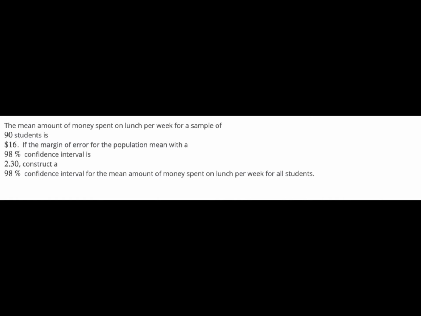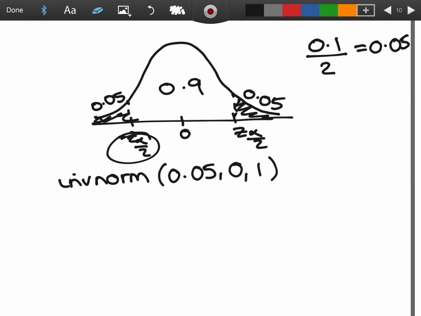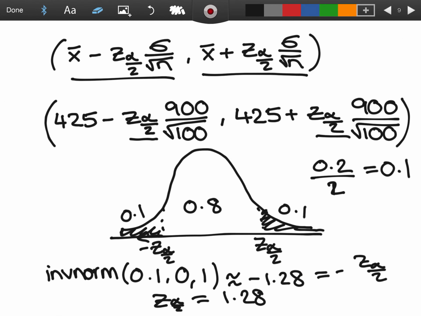So problems like this, they bring up a term called the margin of error. And all that is, if we go back to our formula that we had, the margin of error for any interval is just this part here. It's the z value, that z of alpha over 2, multiplied by the standard deviation over the square root of n.